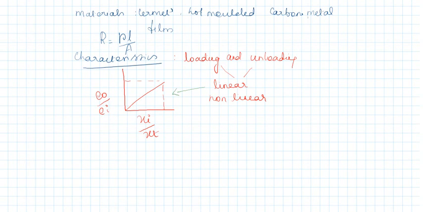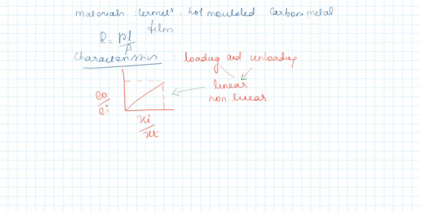If it is not so, that will happen in your loaded potentiometer. In the unloaded potentiometer, I am not loading any particular component, like I am not loading anything, then it is unloading. So in unloading I will be getting a linear relationship.